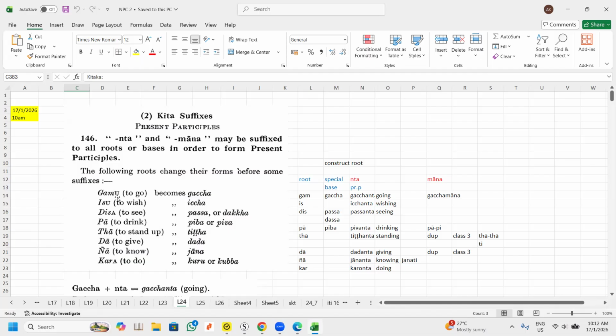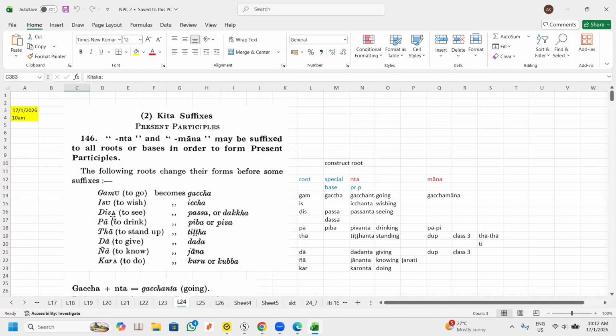And when you see the U here, it means there is some kind of indication that this U is going to form a special base. You see, the U becomes CCHA, and the root is IS. Somehow the U also becomes CCHA. That is the indicative.